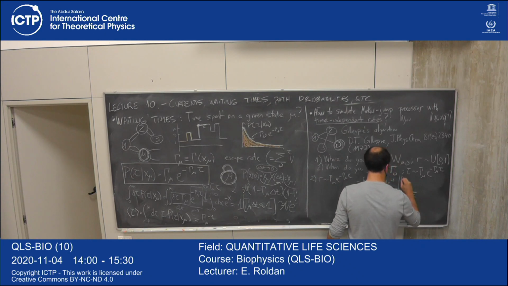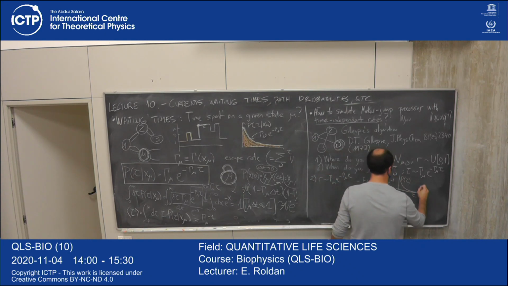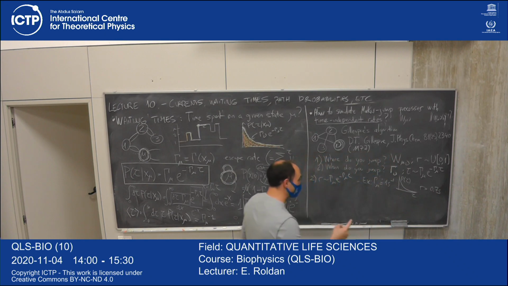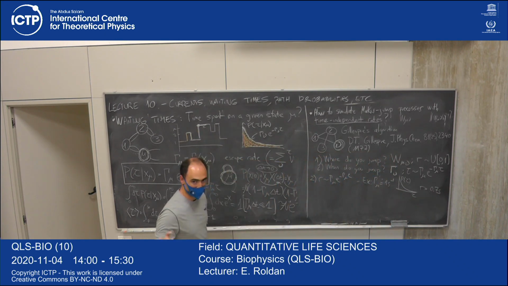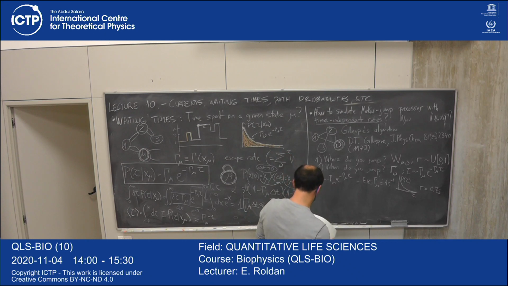You pick a random number from here and could be tau equals 0.7 seconds, for example. This means that in that jump you stay 0.7 seconds. Fine. This is easy. Here it's a bit more complicated, but it's not that bad.